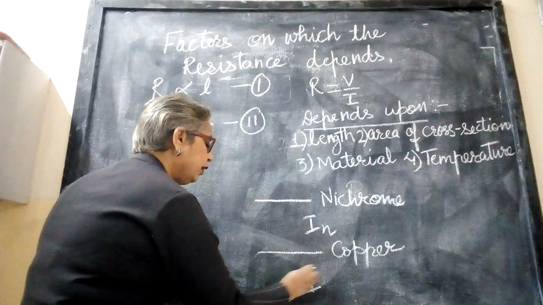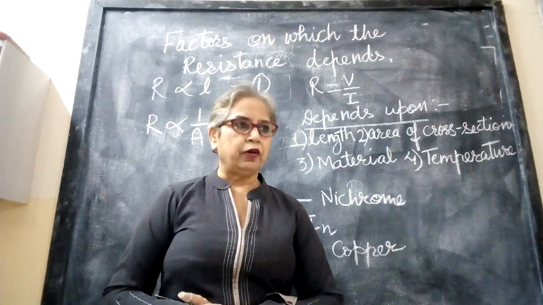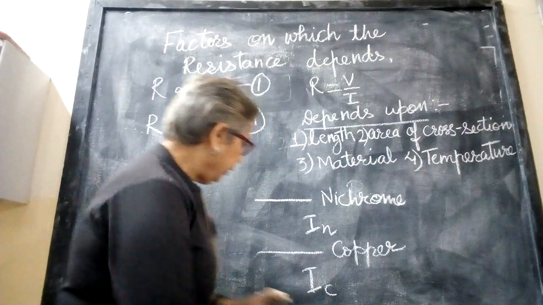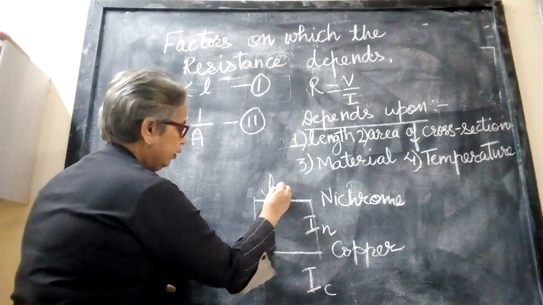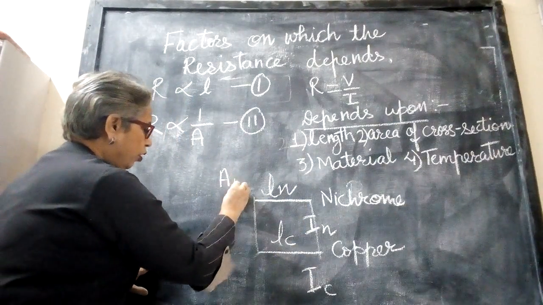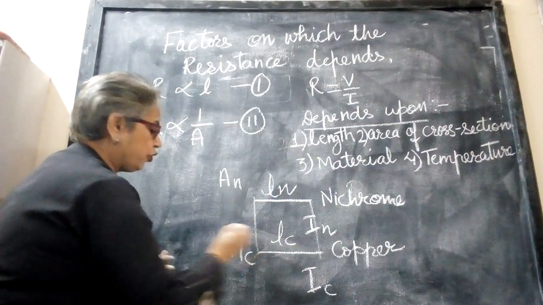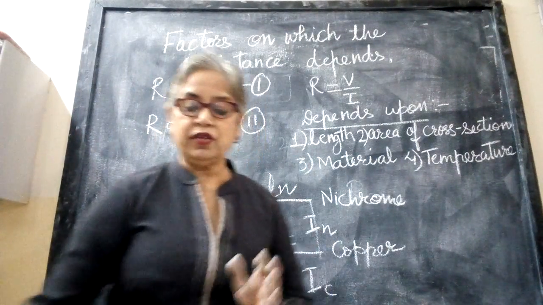And let us say IC is the amount of current flowing in the copper wire, provided the lengths LN and LC, and the areas of nichrome and copper are the same, temperature is also the same.